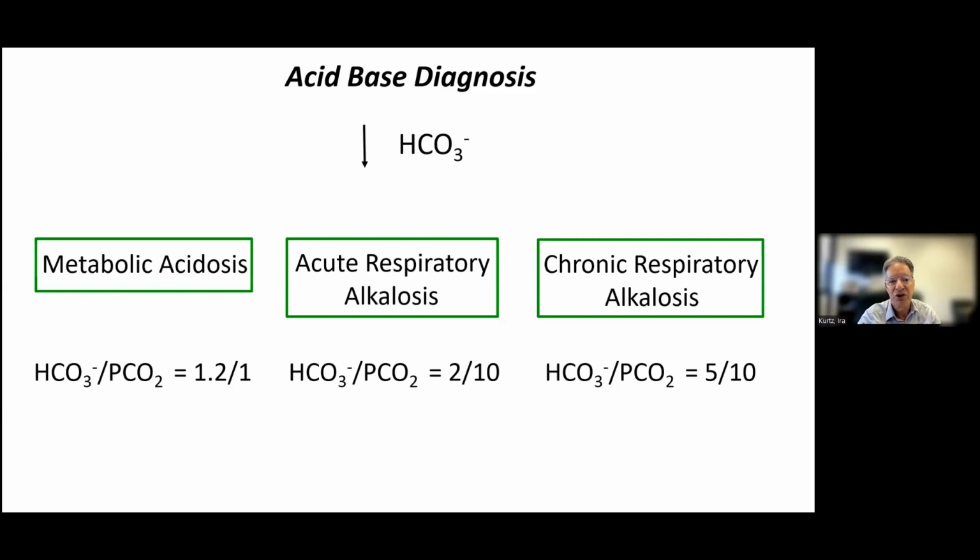The change from normality of each of these numbers will give you all the information you need. So in acute respiratory alkalosis, the change of each from normality is roughly 2 to 10 or 1 to 5, however you want to think about it. With chronic respiratory alkalosis, the PCO2 is the same, but the bicarbonate falls even further. And we'll talk about why these things occur. But the ratio from normality is not the same.